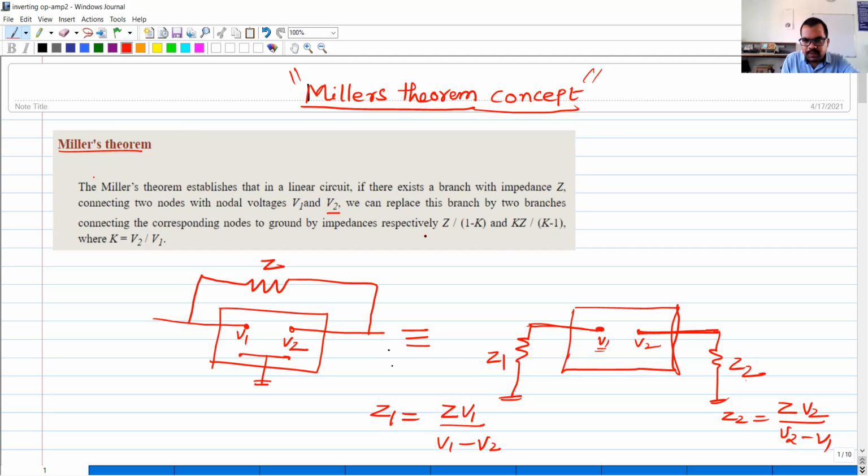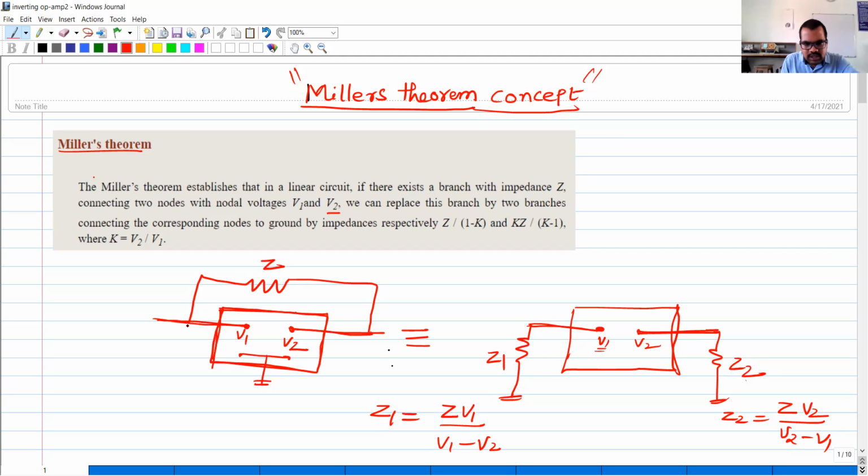To explain the operation of Miller's theorem, if you see here, a circuit consists of two terminals, V1 as well as V2.